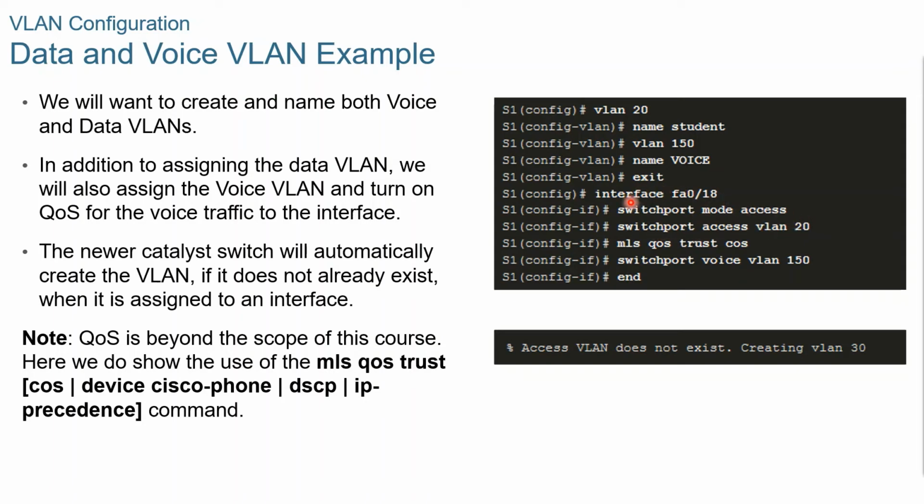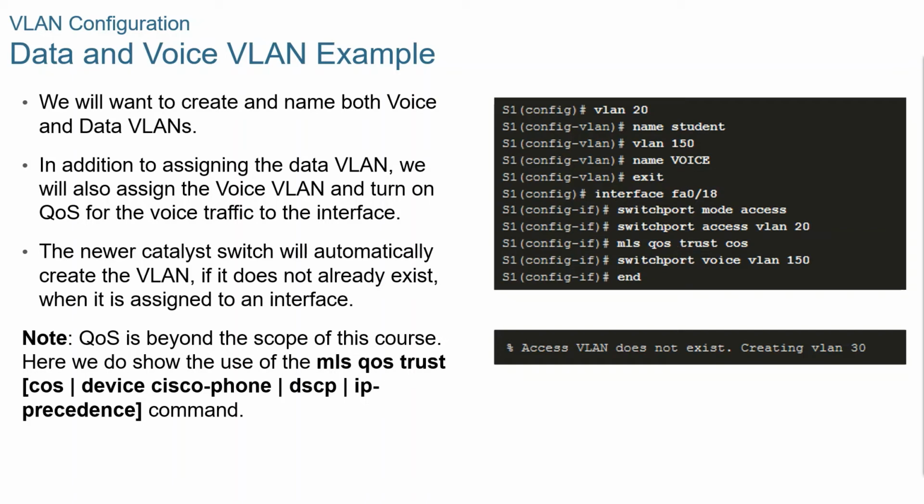This is for the workstation that belongs to VLAN 20. And for VLAN 150, you've got switchport voice vlan 150. Don't forget the mls qos trust cos command. It also assigns voice traffic to VLAN 150 and enables QoS classification based on the class of service, or CoS, assigned by the IP phone.